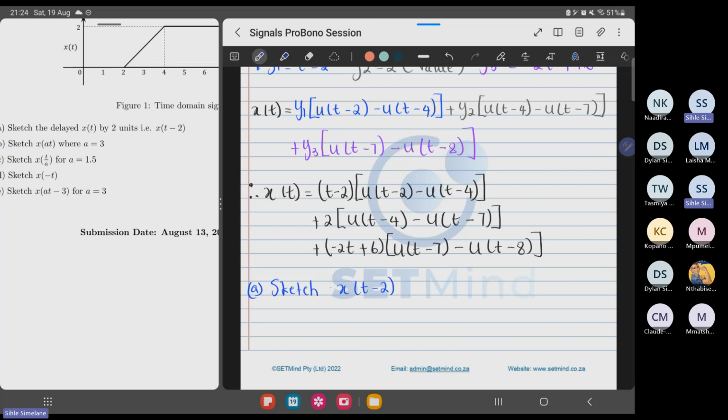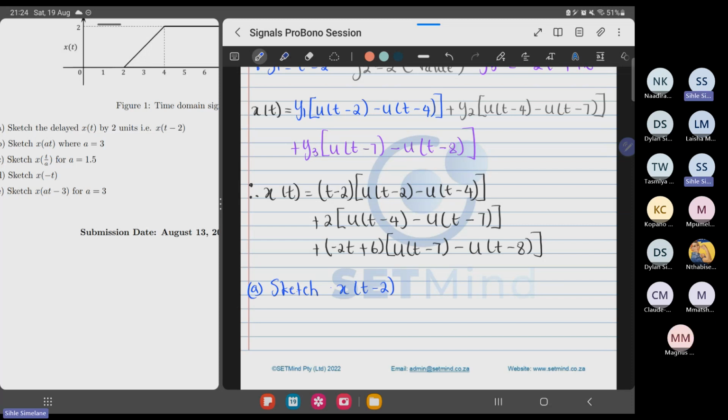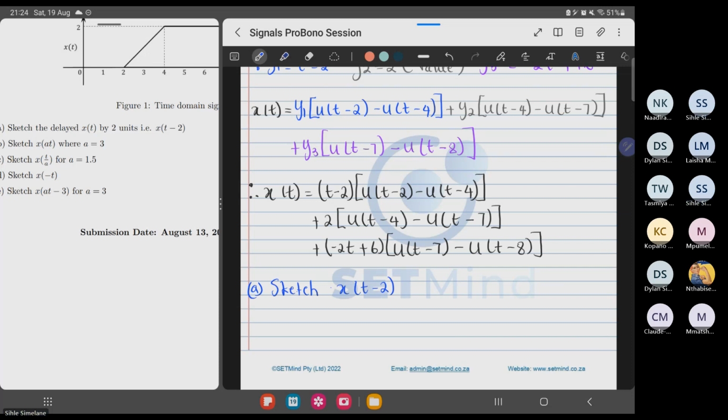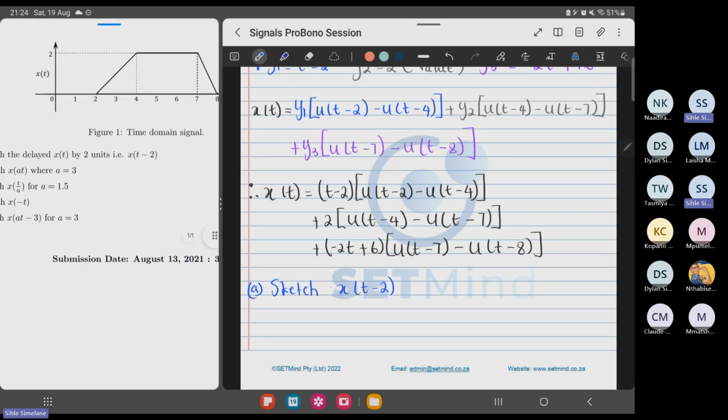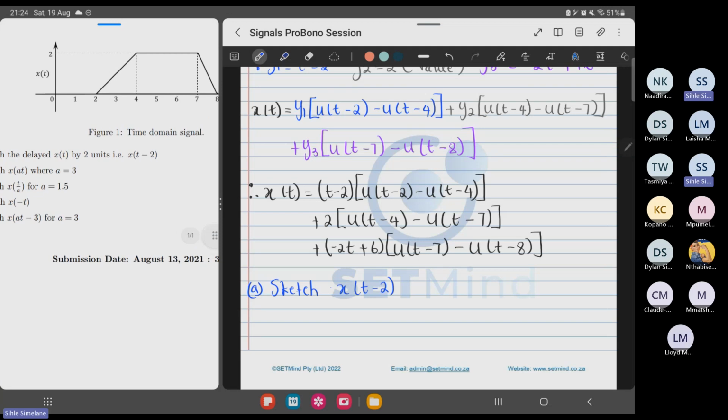So the first thing we can do is we can go where we see t on our original function. You have two options. You either go straight to the graph which has been drawn, and then you just shift it by 2. Every point you shift it by 2. Or alternatively, you can rewrite the new expression and then draw the actual graph. So we have two options. So let's quickly find x of t minus 2 first.